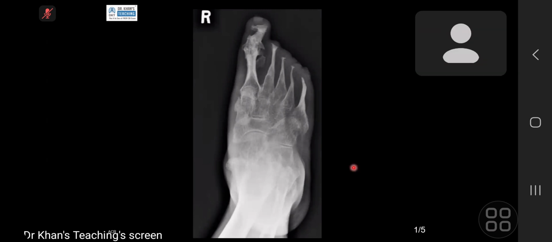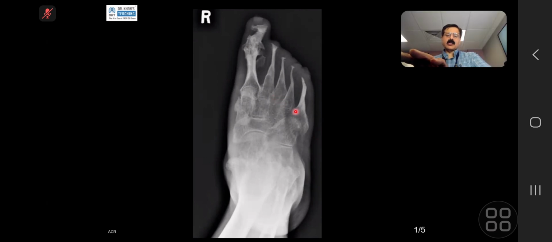No, sir, there's increased density. There are patchy areas of sclerosis, and there's bony destruction, and there's licked candy appearance of the second to fifth toes, with soft tissue swelling. Okay, thank you, well done.